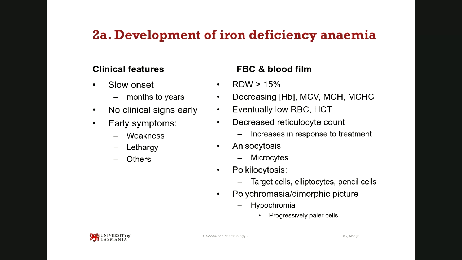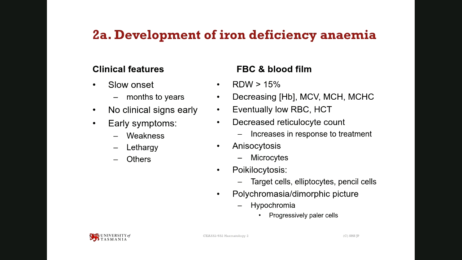And you'll see in the literature that they say that iron deficiency anemia has polychromasia. Now, the thing with this is that it's not polychromasia because you've got retics. It's polychromasia because you've got hypochromic red cells coming through, as well as your older normochromic red cells. So just be careful when you talk about polychromasia with iron deficiency anemia, because traditionally that term polychromasia means that there are lots of reticulocytes there.